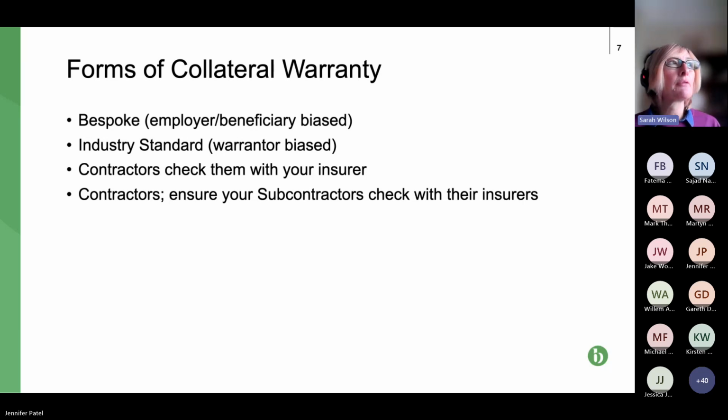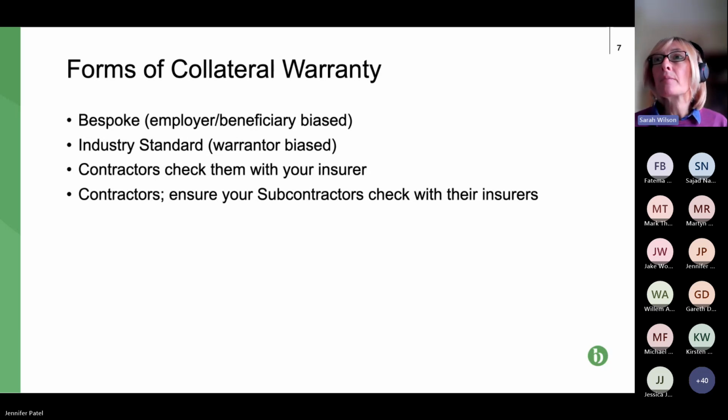I think that's also helpful for the same reasons as we've just discussed, but also from a contractor's perspective, so that your subcontractors do know that they are going to have to provide collateral warranties, so that when you ask for them, there aren't difficulties because it comes as a shock, because they possibly haven't read their contract in too much detail.